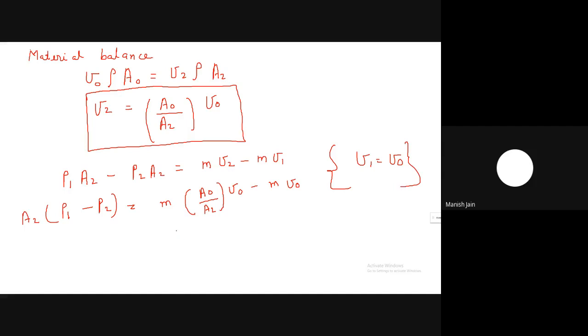Now also you can substitute the value of M. M is the mass flow rate, so M equal to V0 multiplied by rho multiplied by A0.